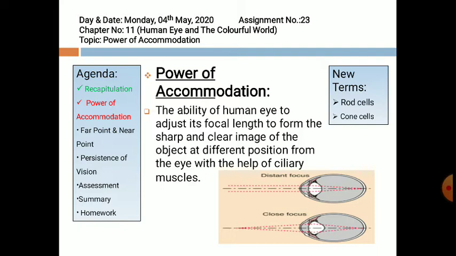Cone cells: these cells are sensitive to bright light and cause the sensation of colors in our eye. Now, what is power of accommodation? It is the ability of the human eye to adjust its focal length to form a sharp and clear image of objects at different positions from the eye with the help of ciliary muscles.